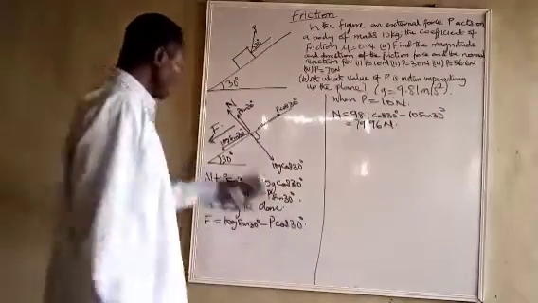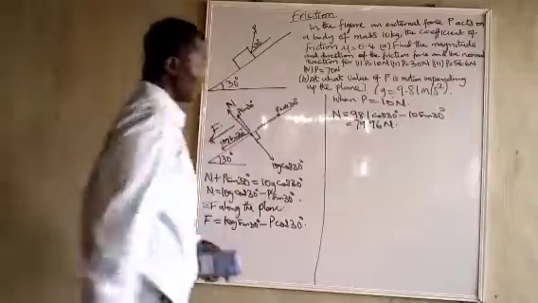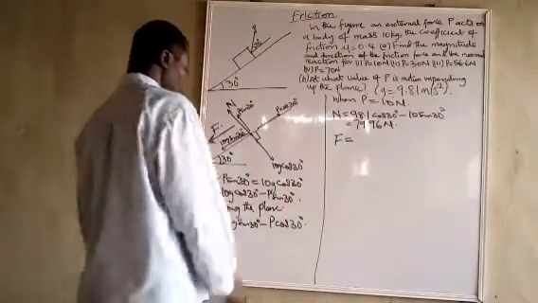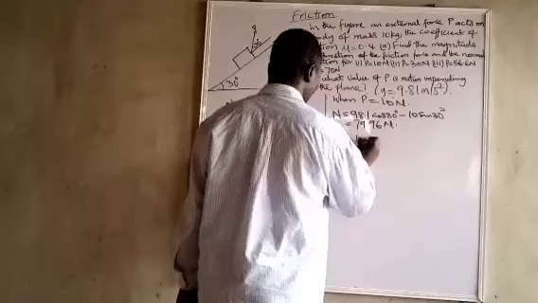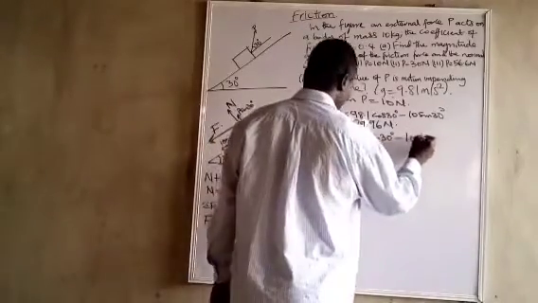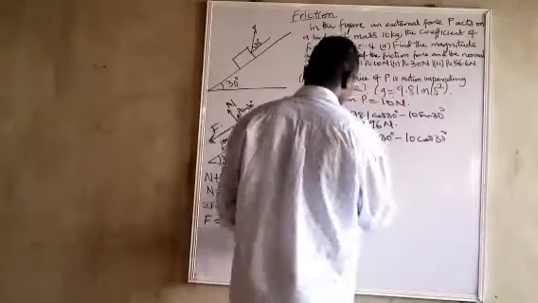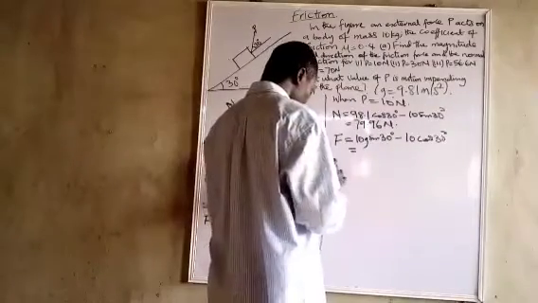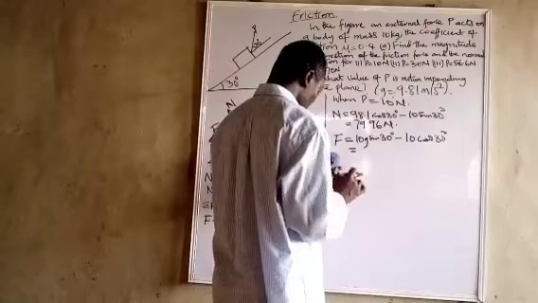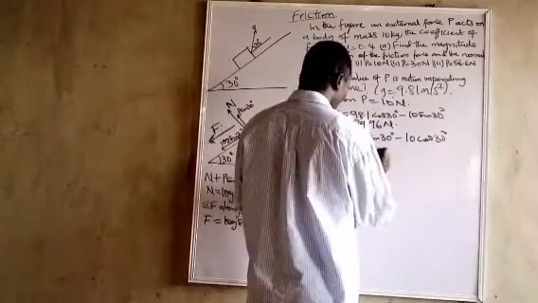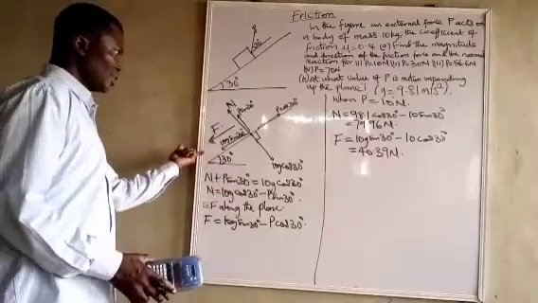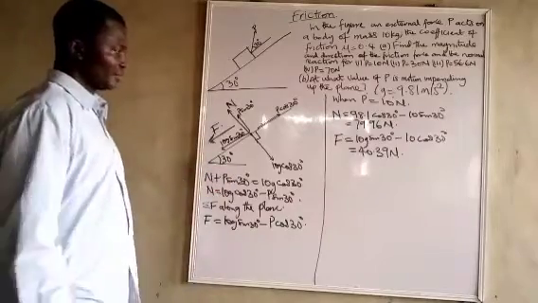Let's now find what will be the value of our F. If this one is greater than this one, our F will come here, friction will go up. So let's find the resultant force along the plane. Resultant force along the plane will be 10g sin 30 minus 10 cos 30 degrees, and that is 40.39 Newton. So which means that the resultant force is 40.39 Newton downward.